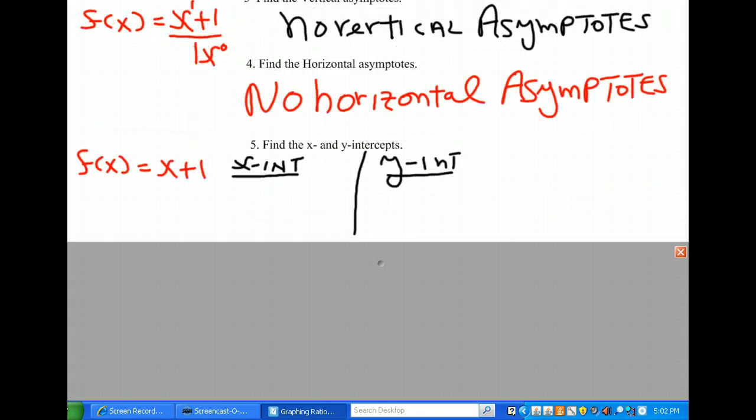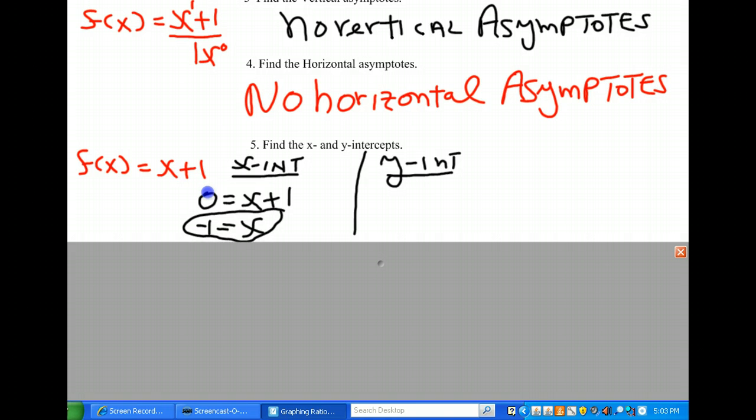Our next step is to find the x and y intercepts. Once again, our function is f of x equals x plus 1. To find an x-intercept, that's when y is equal to 0. So we say 0 is equal to x plus 1, which makes x equal to negative 1, and that is our x-intercept.